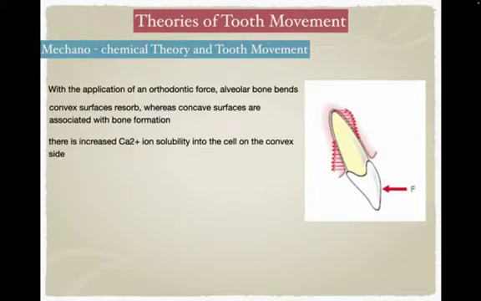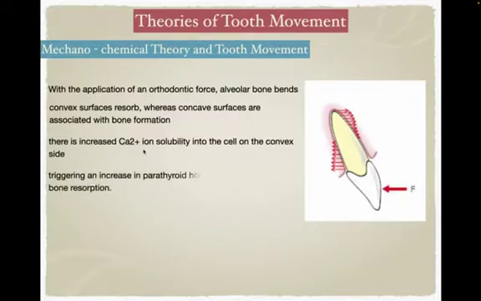In the convex surface where we have bone resorption, stretching or compression of the periodontal ligament will result in stimulation of increased intake of calcium ions into the cells. When you move the calcium into the cells, that means the calcium is reduced in the blood and the area.